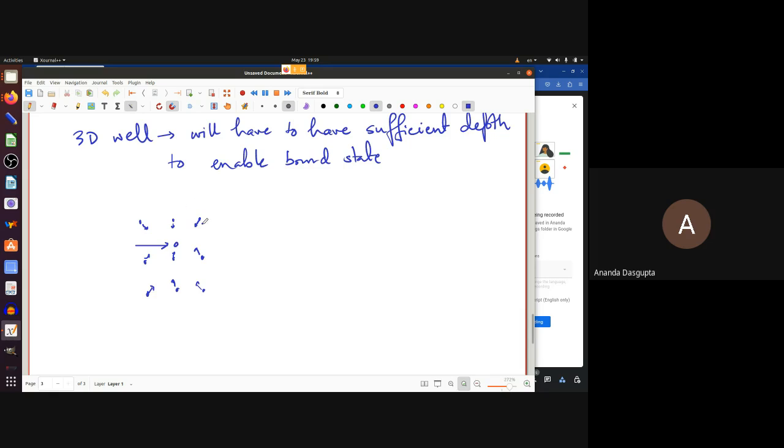Now, once the electron goes away from here and goes far away from this region, what happens to this region? Do the ions stay distorted or do they go back to the original equilibrium position?